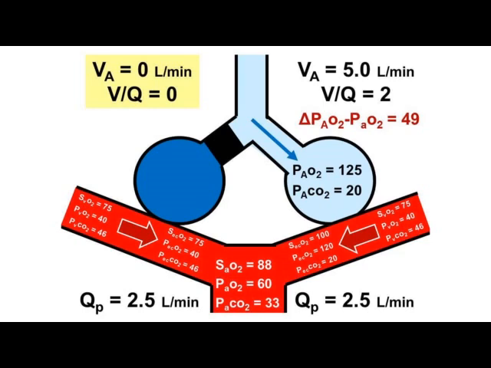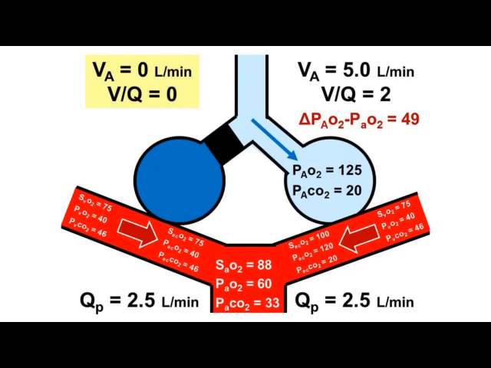Over here, there's no gas exchange. So the arterial PCO2 is going to be mixed venous, 46. And the arterial PO2 is going to be mixed venous, 40. And saturation will be mixed venous, 75. PCO2 46 and 20 combined to a PCO2 of 33.